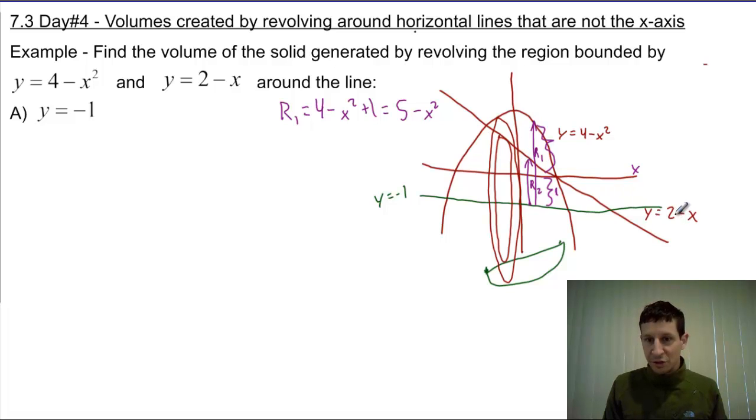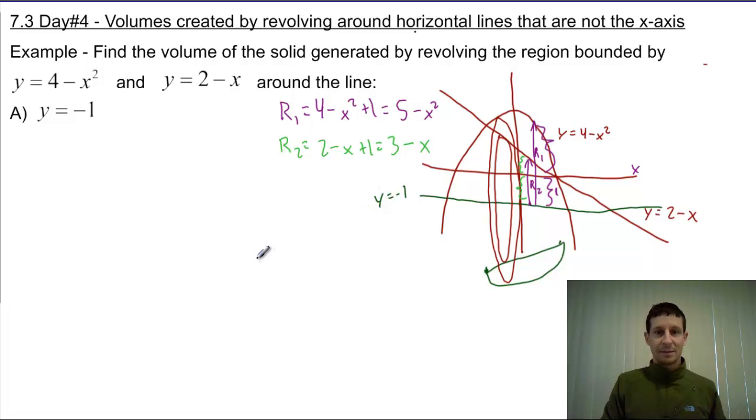If we use the function 2 minus x, that only gives us the amount from the line down to the x-axis, so that's this tiny bit of green here. And then the full r sub 2 also includes this part, which again, the distance from the x-axis to this horizontal line is just a 1. So our r sub 2 is the line 2 minus x, and then add 1 to it again.